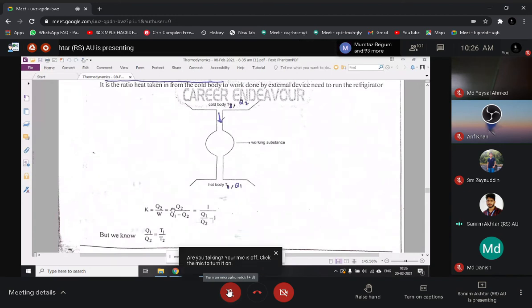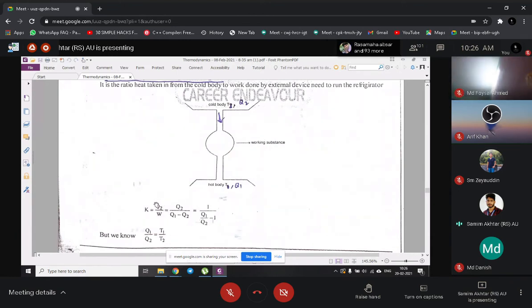We derive the performance of the refrigerator, or the performance of the reverse of the heat engine. Performance is written as K, which is Q2 by W. Q2 is the heat from the cold body, and W is the work done.